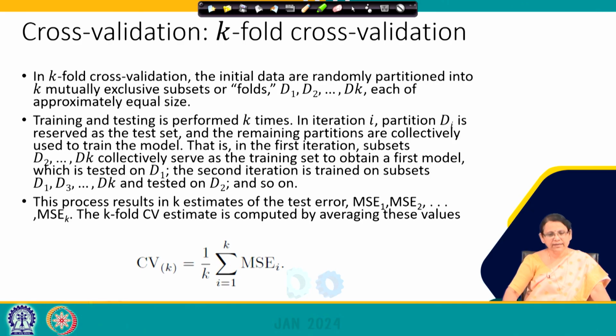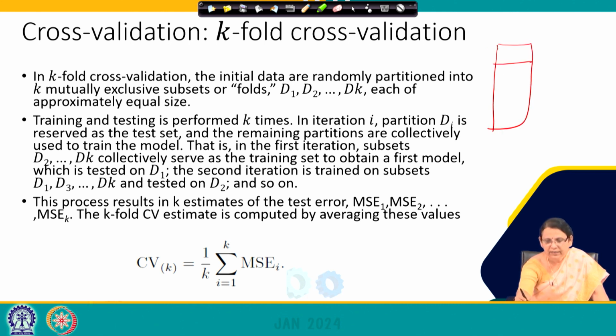So, when we say it is mutually exclusive subsets or folds, once again we do not say that we have to be taking, suppose this is my entire data set, I will be starting from the beginning, this is my first fold, this is my second fold. So, with an equal number, let us say I have a total of n records. So, from the beginning I will be taking n minus k, first n minus k, second n minus k, and so on.